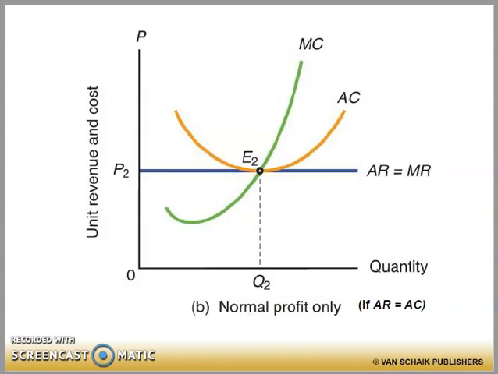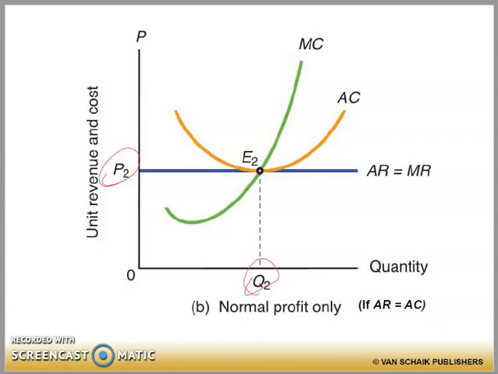The second illustration is that of normal profit only. This figure shows the market price of P2. It is equal to the marginal cost at the point where marginal cost intersects average cost. That is at the minimum point of average cost, or rather the turning point of average cost. The corresponding level of output is Q2.